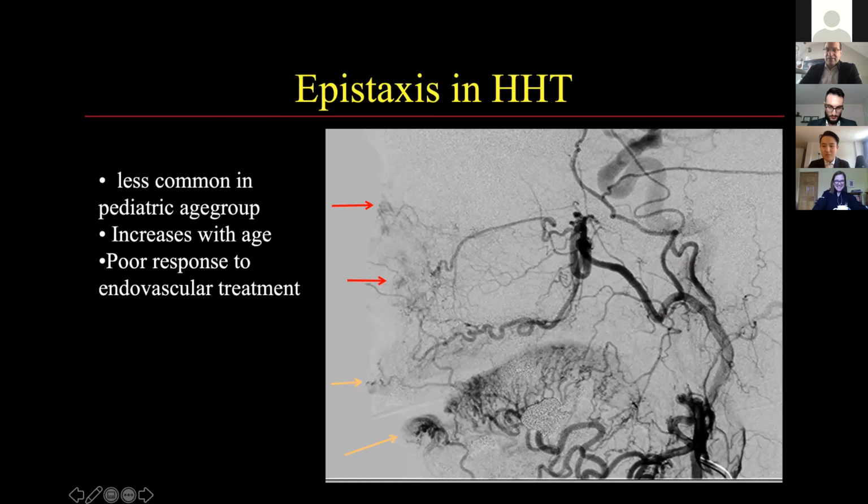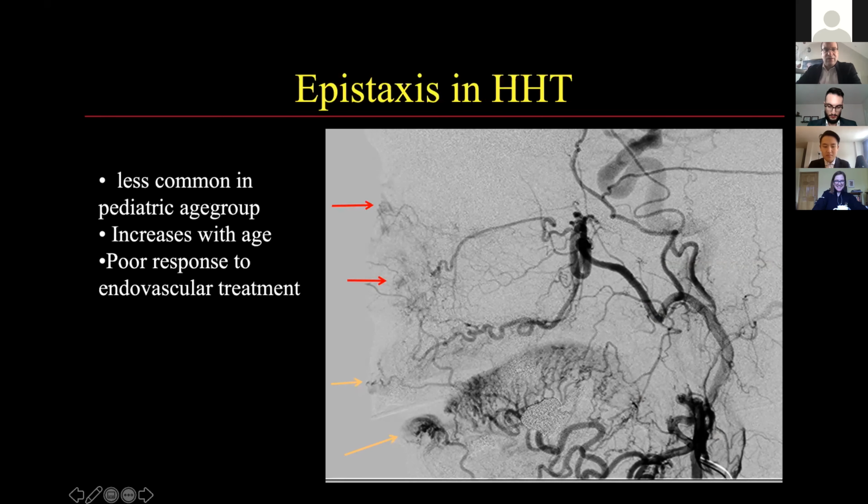We all know that the most common presentation of HHT is epistaxis, and at least in my practice, most of the HHT patients that I treat for epistaxis, we see on this injection with contrast material the arteries that go to the nose, that there is too much of a blush within the nose that is related to these telangiectasias.